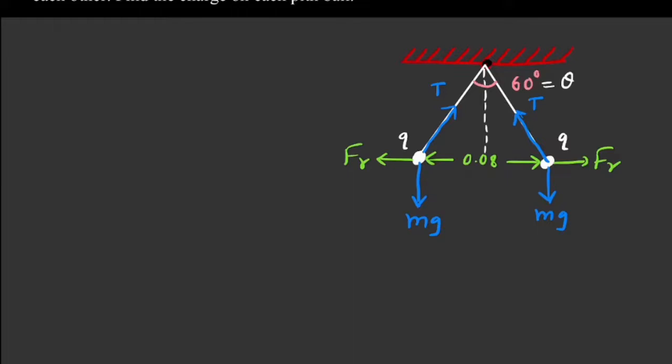Now what we have to do is resolve this vector along this axis and along this axis. Let us resolve this T along this axis and this axis. If this is theta, this is also theta. Now let us resolve this one.